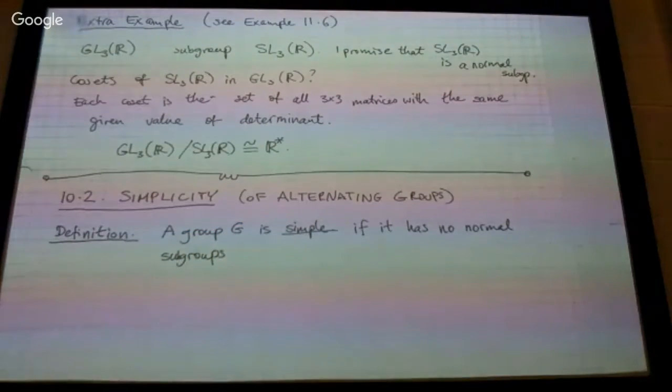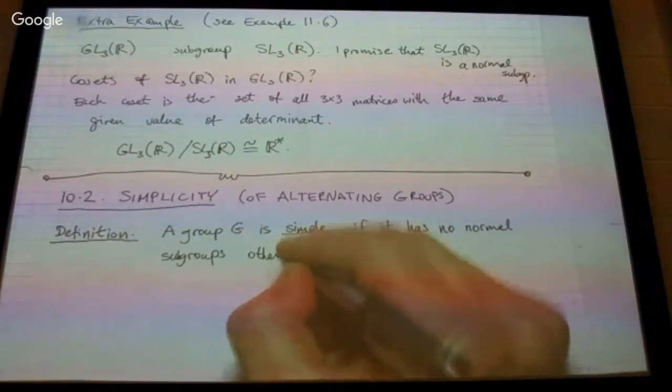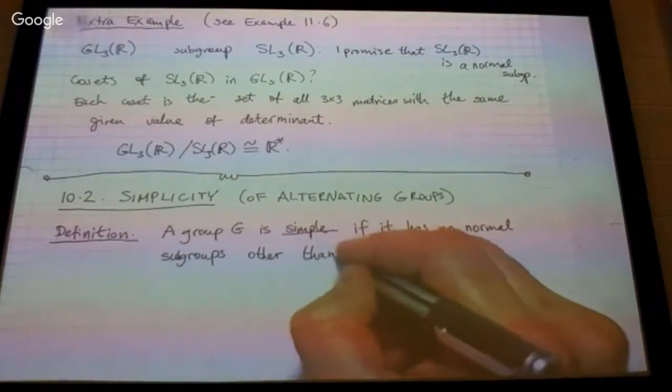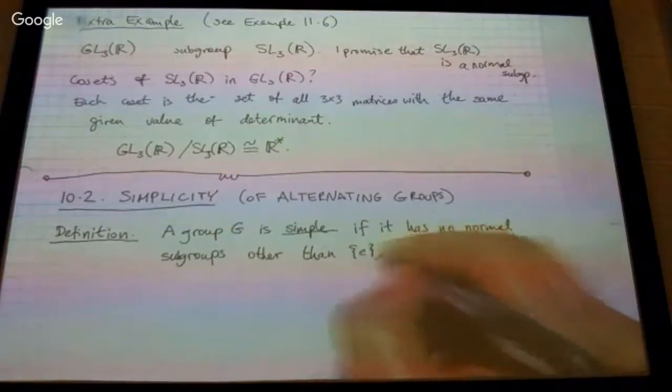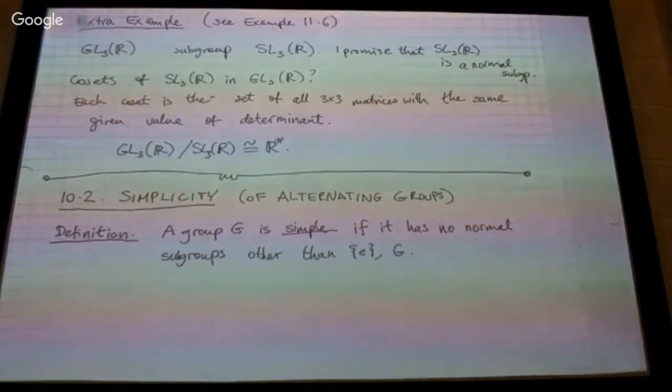Well, of course, every group has normal subgroups, so those don't count. So this is a simple group because you can't factor it in any way.